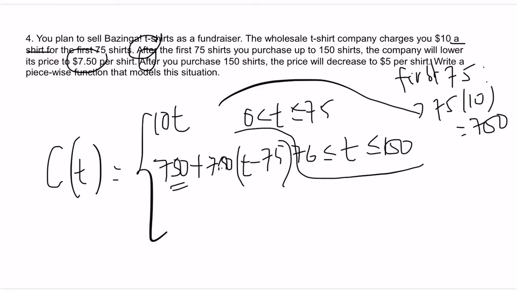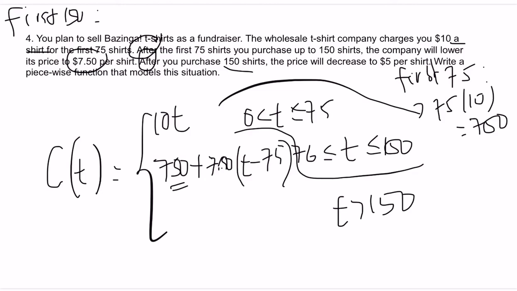Next, after you purchase 150, the price will decrease to $5. So meaning, greater than 150, it is only $5. So first, let's compute the first 150.